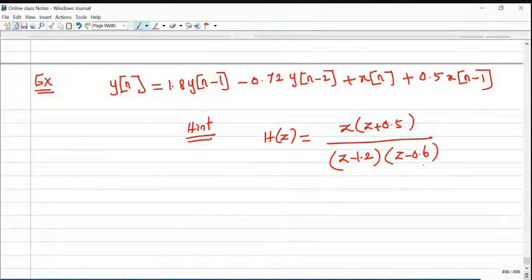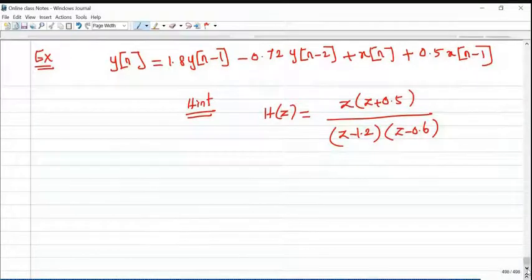So after applying the Z transform and separating Y of z and X of z, your transfer function expression is z plus 0.5 divided by z minus 1.2 times z minus 1.6. Is it a stable system or an unstable system?